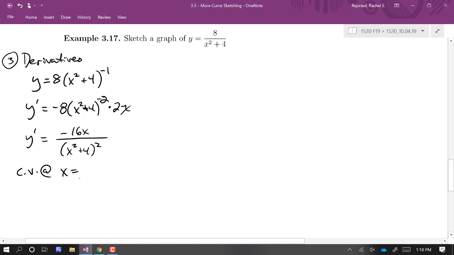What makes it 0 for sure is x equals 0. I would also look for anything that makes me divide by 0, but there's nothing, because x squared plus 4 is always positive. So we have one critical value at x equals 0.